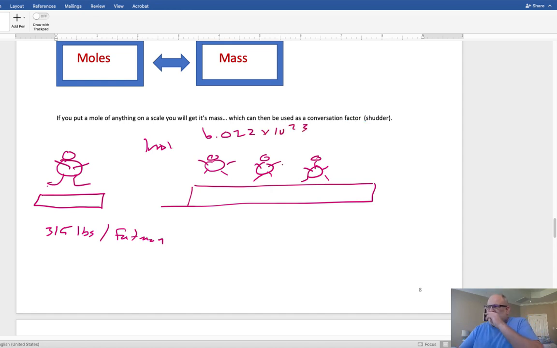So if I took 6.02 times 10 to the 23rd fat guys, I can end up with a mass for that many guys. So pretty simply, if I put a mole of anything onto a scale, I'm going to end up with its mass. And we call that the molar mass. It makes sense because it's the mass of 1 mole of that thing.